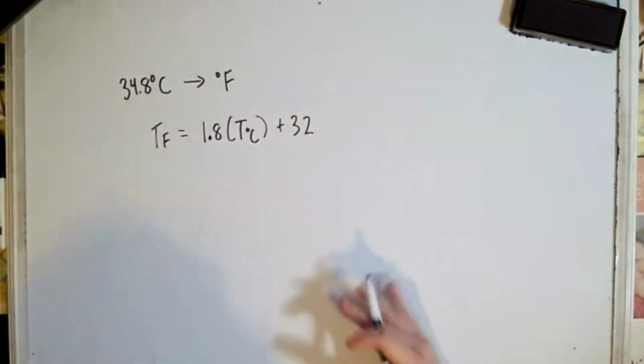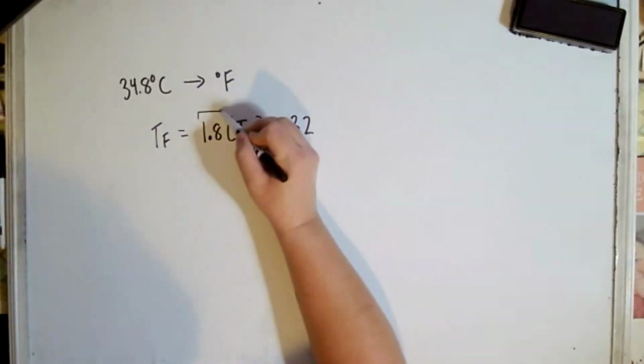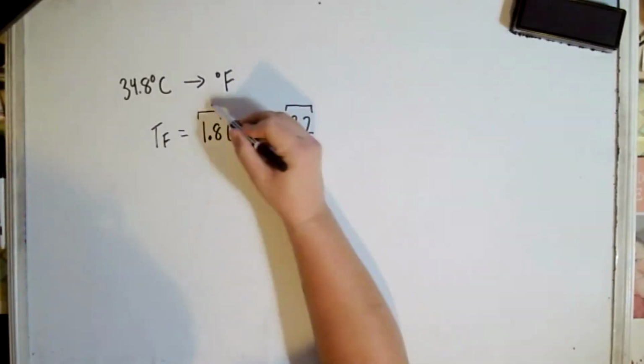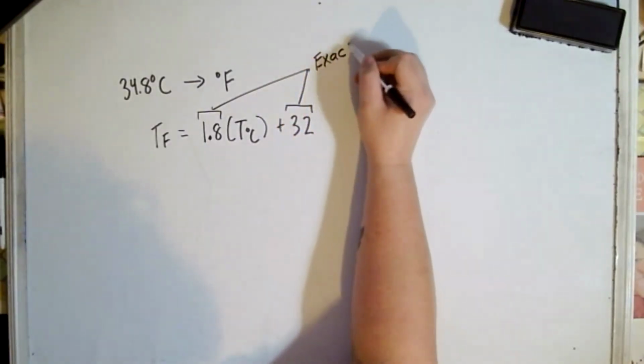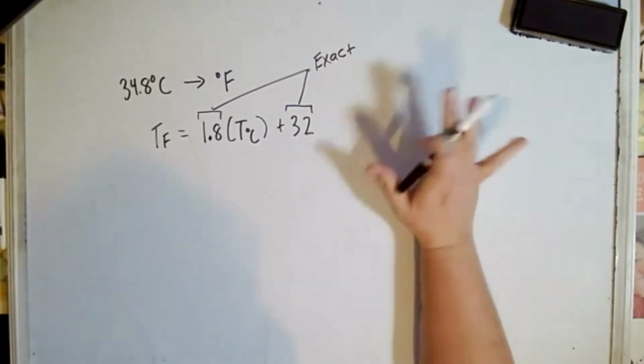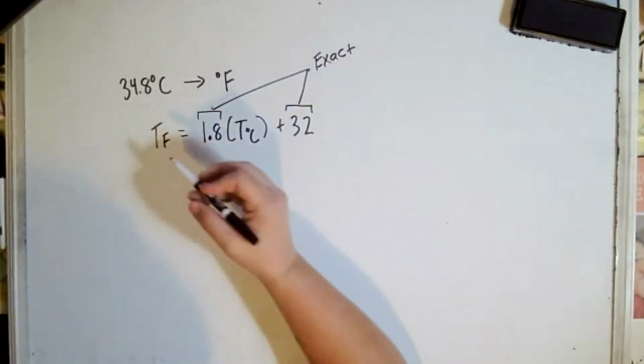In a formula like this one, another thing to keep in mind for significant figures is that numbers that are part of an equation like this are considered exact numbers, and these numbers are not going to limit the number of significant figures that you report.